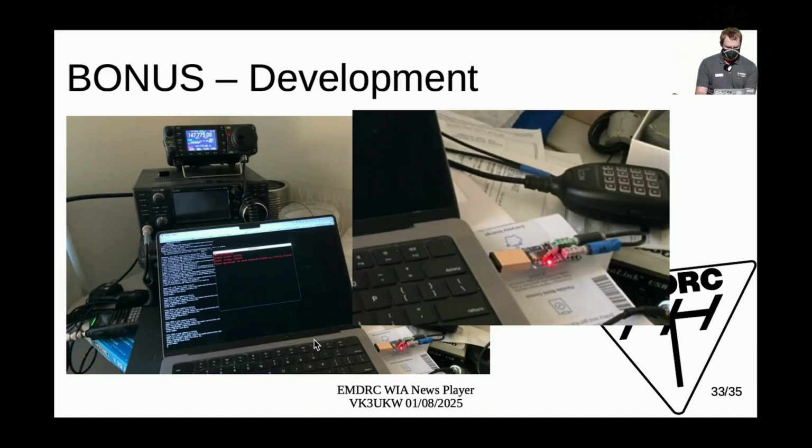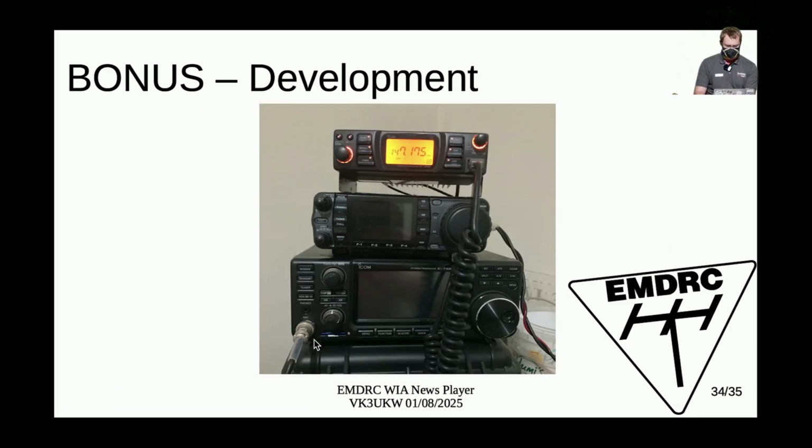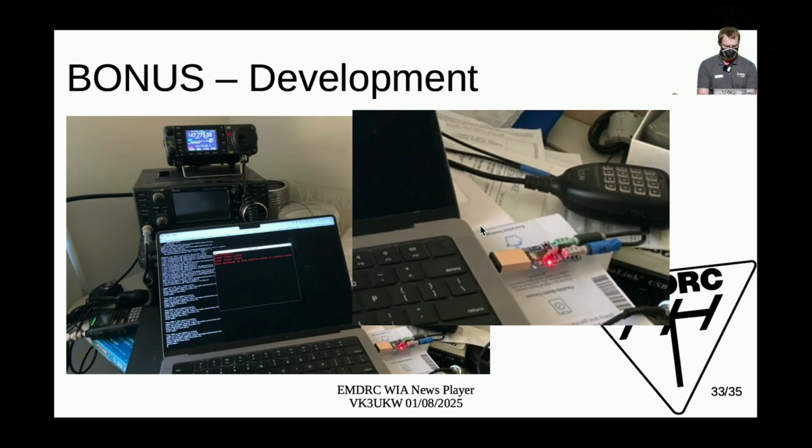A few more pictures. Yeah, there's my tower of ICOMs. Obviously, this one is owned by the club. That's not mine, but I took it home for testing. And there's my 7000, and there's my 7300. And then here, this is one of the first tests where I had this just connected directly to my laptop and was just playing it, also running the whole player program that's now running on the Raspberry Pi.